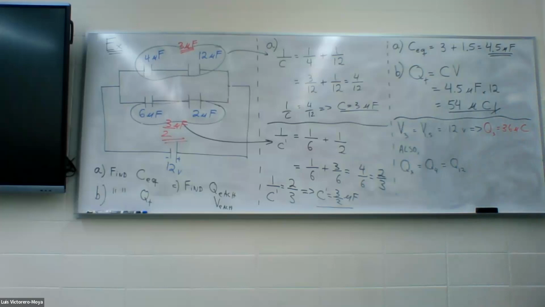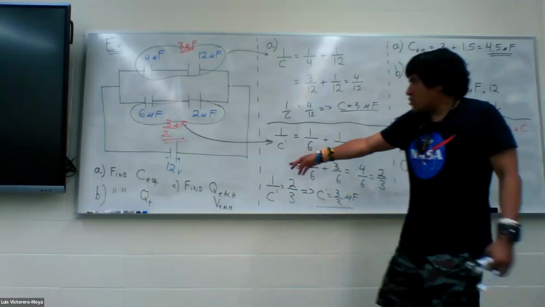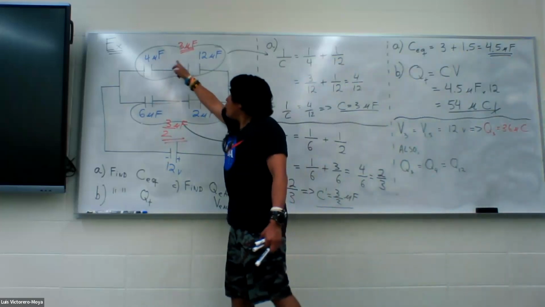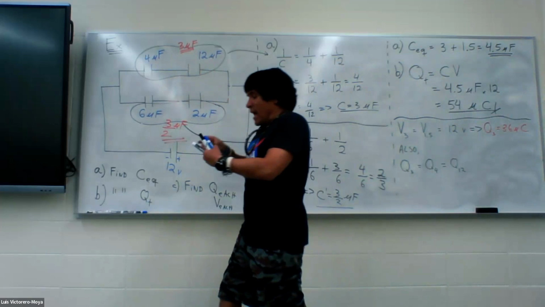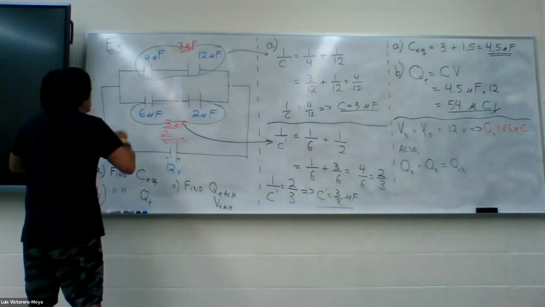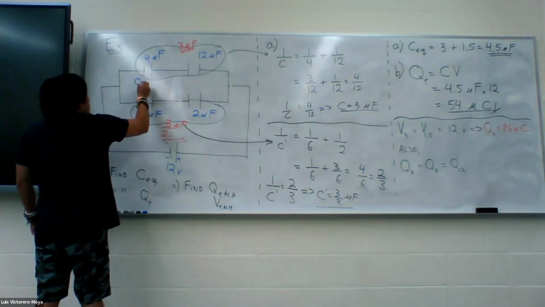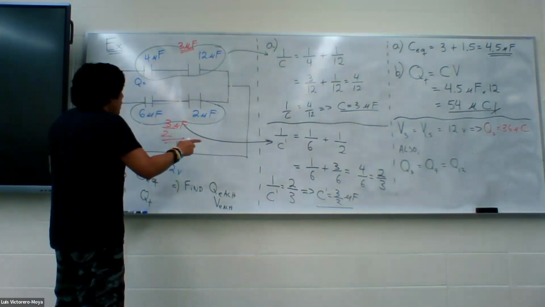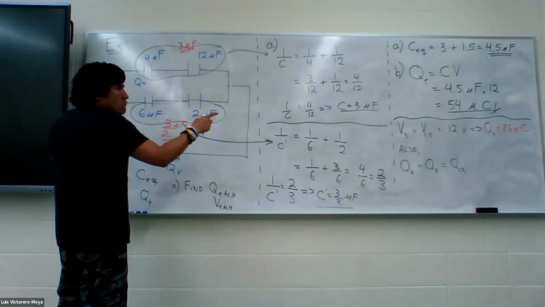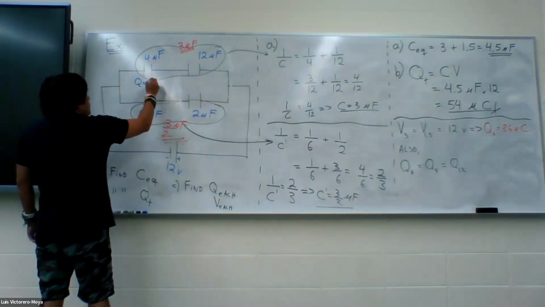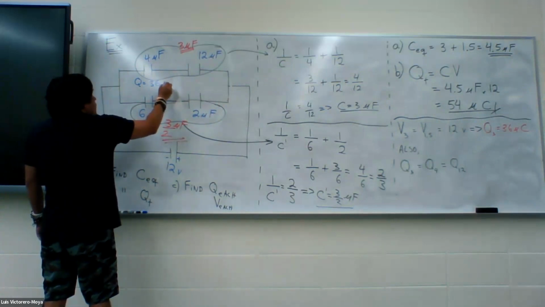Perfect. That means I have the charge on 4 and the charge on 12. So I found the charge on 4 and 12. So you may want to go back to the diagram and write that the charge here is 36 microcoulombs.